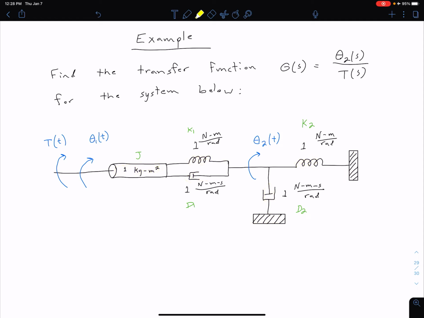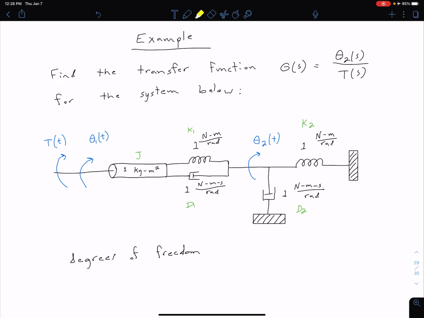In this case we're given our theta 1 and our theta 2, but in some cases we might not be given all of that information. So if we wanted to figure out how many equations we need in general, we can say our number of equations is equal to our degrees of freedom. As we talked about a couple videos ago, for rotational mechanical systems, we ask: if we're holding all other points in the system still, can we still rotate this point?